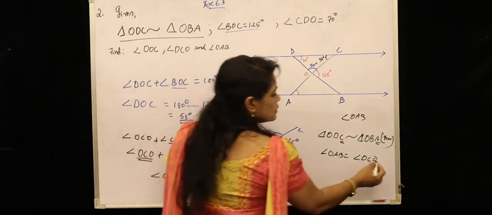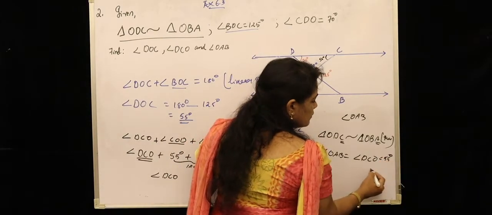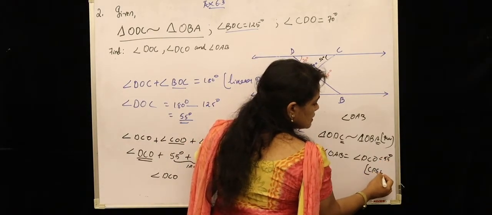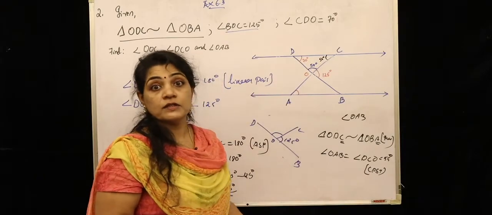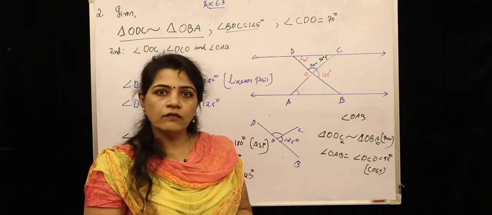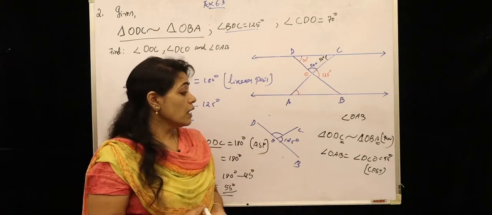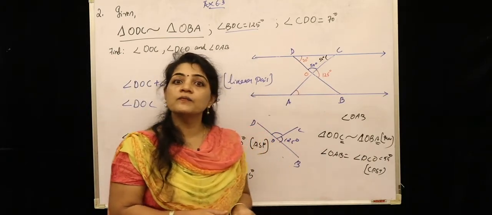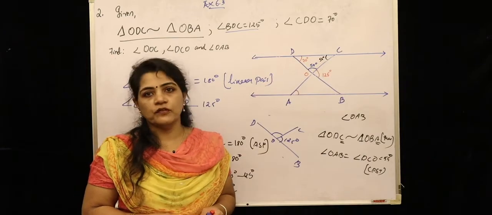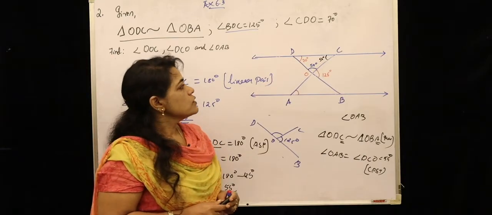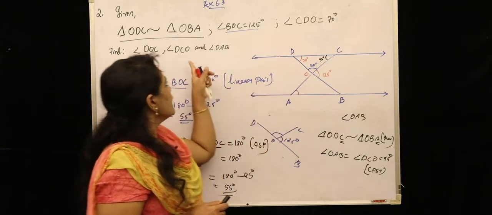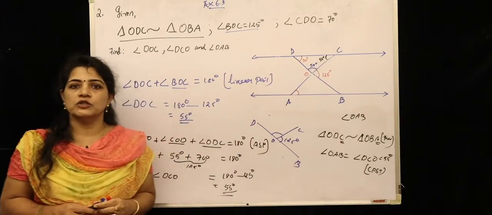Okay, so both are equal to 55 degree because of CPST, corresponding parts of similar triangles or given, or you can write this relation in bracket. That is the reason why we equated these two angles are same, that is equal to 55 degree. Okay, so these are the three required angles. I hope this idea is clear to you.